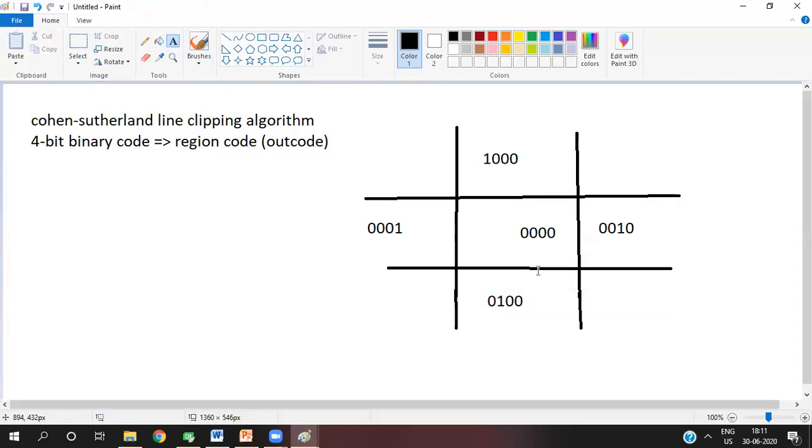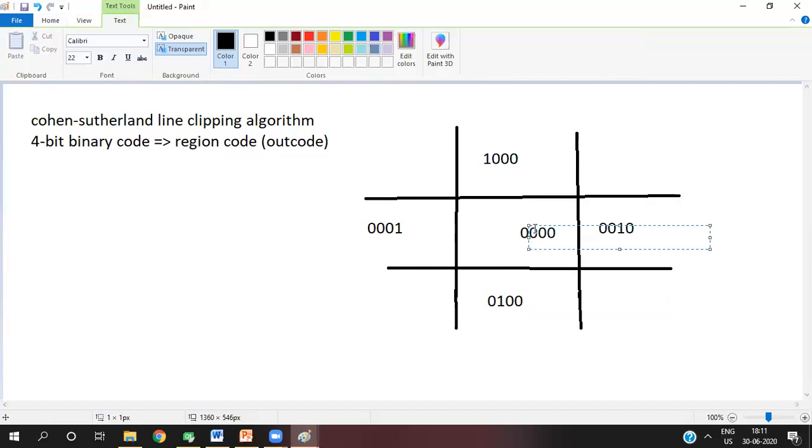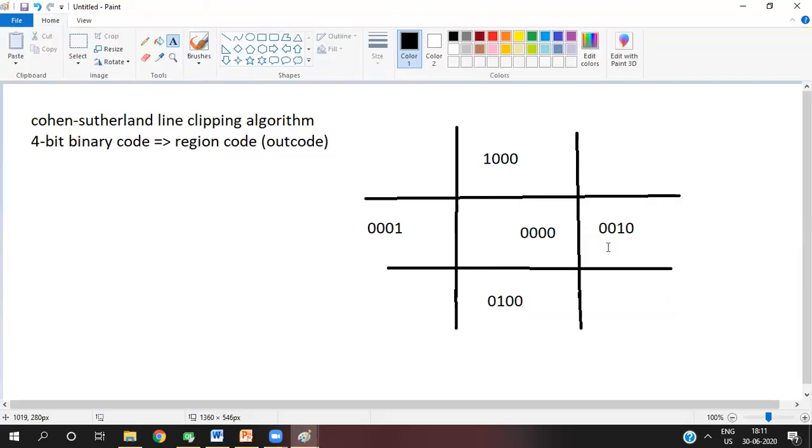So inside window the code is 0000. If you are at the left hand side, 1, at the right hand side 2, at the bottom 4, at the top 8. So binary is converted to decimal, that is 1, 2, 4, and 8.